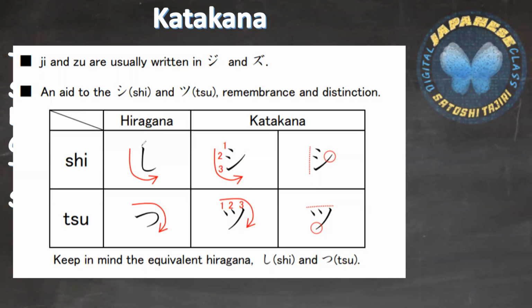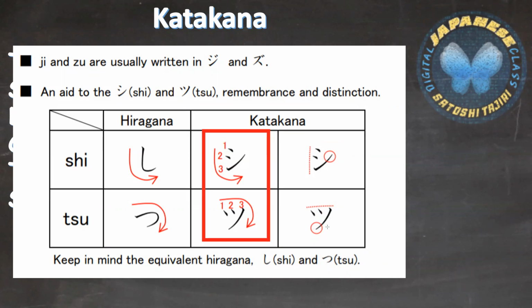So remember for our hiragana, it's shi, okay? For tsu, this one, this is for our hiragana, right? Okay, but in our katakana, they have almost the same thing with our shi and su as well, okay? Remember this one, the 1, 2, 3 here. And once we also have our shi, it always starts here, okay?